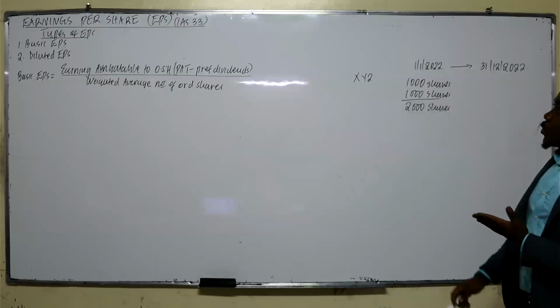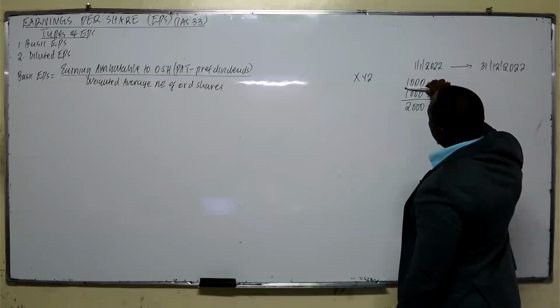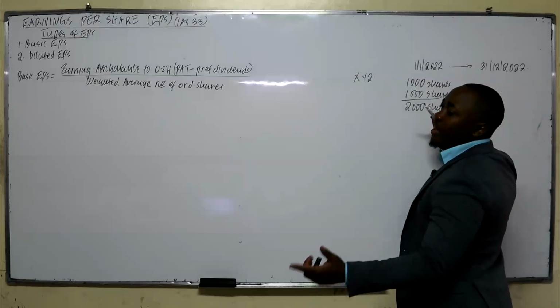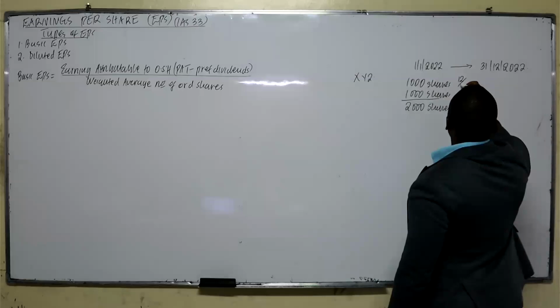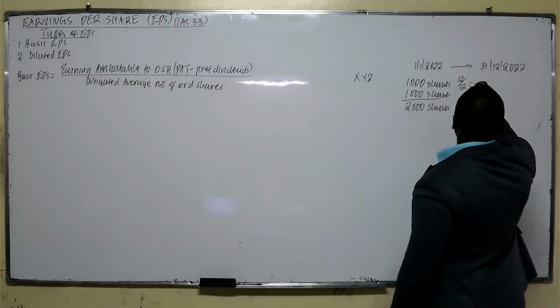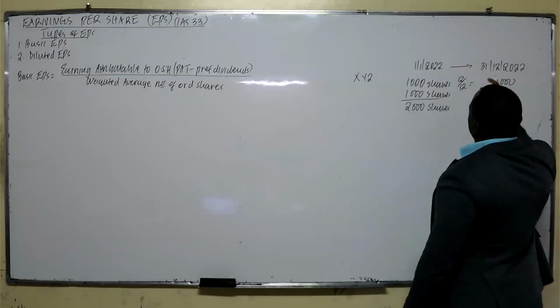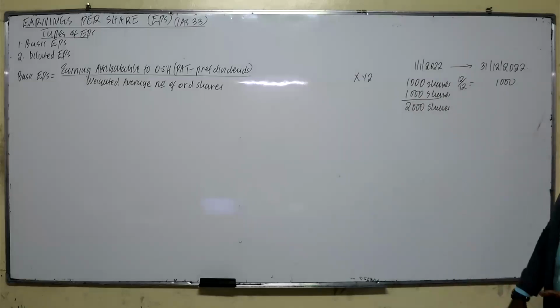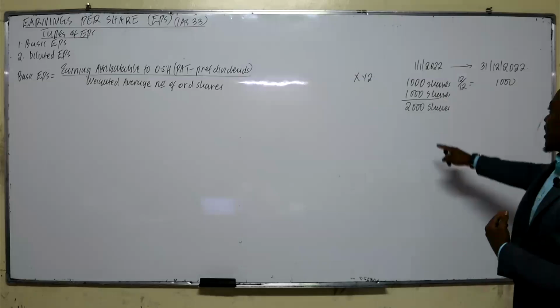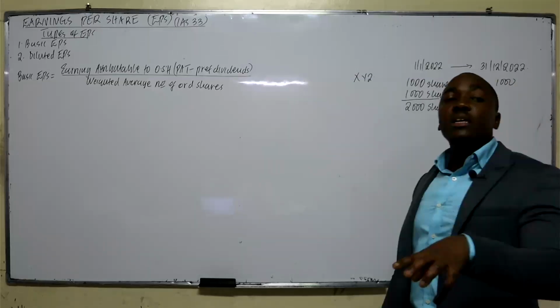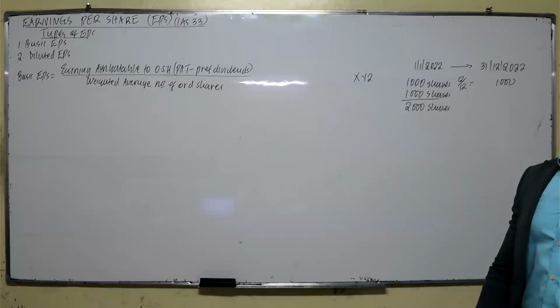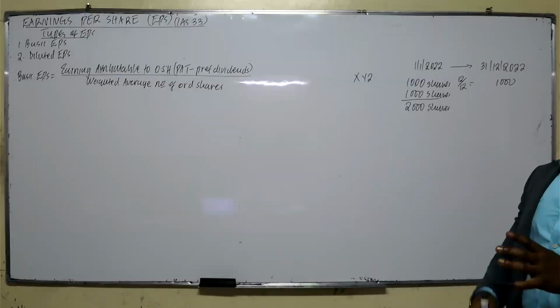Are you together? So that means all the 1,000 will qualify for full dividends. You weight them: they have been working for the company 12 of the 12 months, so you get 1,000. But the additional 1,000 shares were invested 6 months to the end of the year. So that amount has helped the company to generate income only for 6 months. There is no way you can get the dividend for the full year.